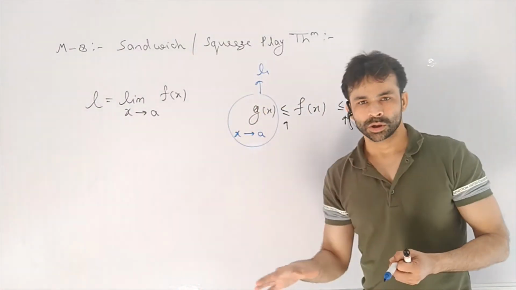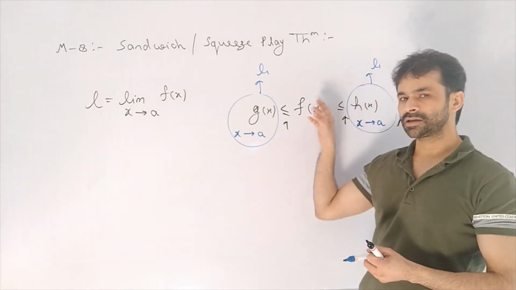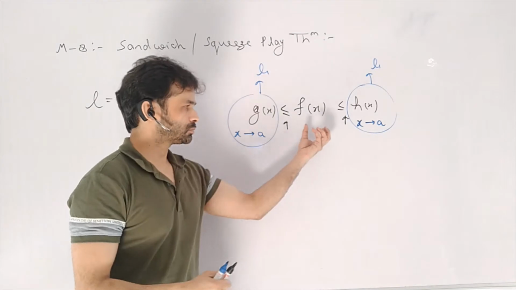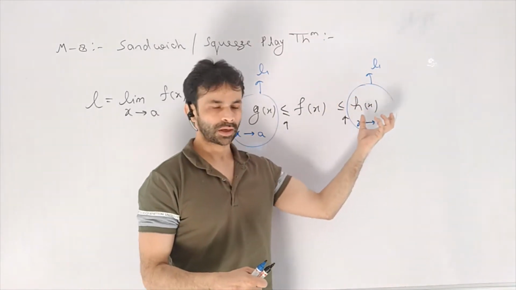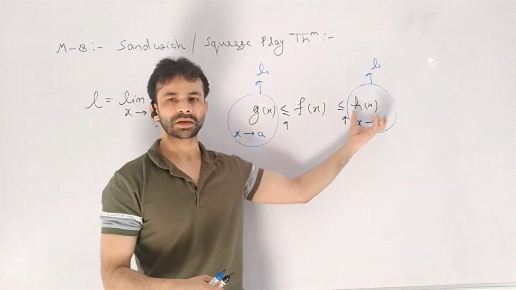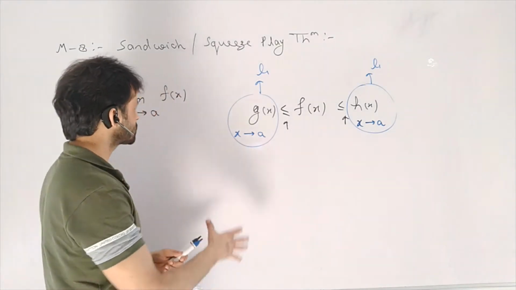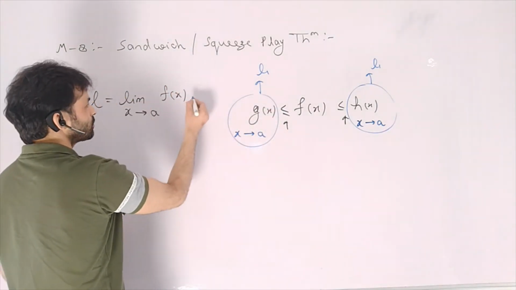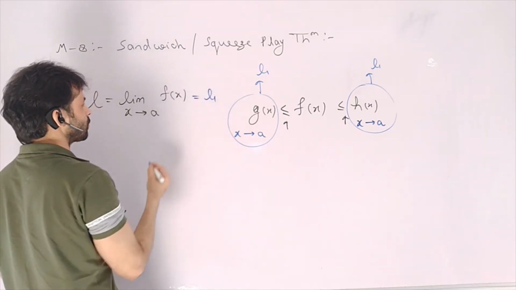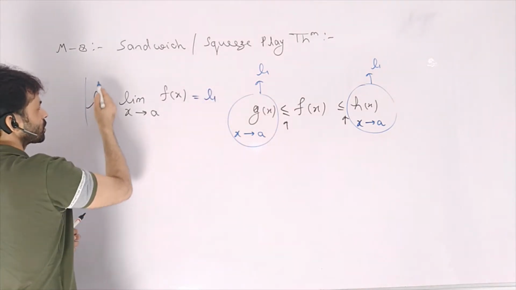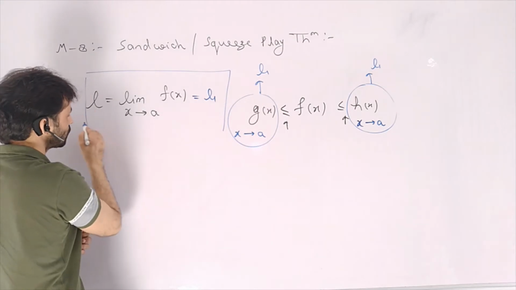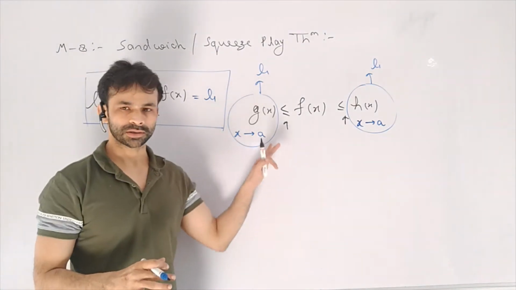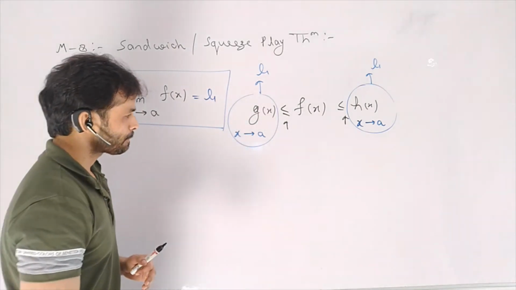So both the bigger function and the smaller function have the limit L1 at that point. The sandwich theorem says that in that case, the limit of f(x) will again be the same, L1. This is the sandwich theorem. We'll discuss why this is happening.